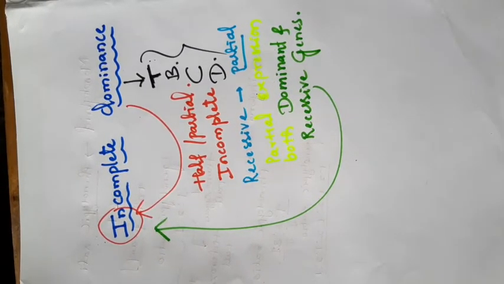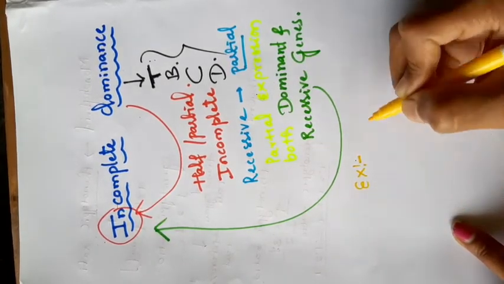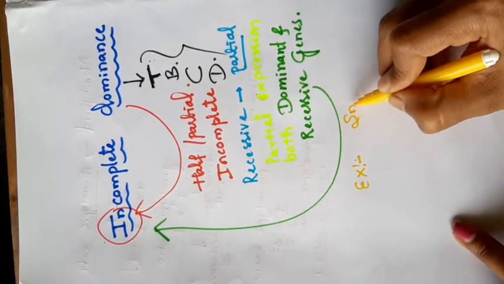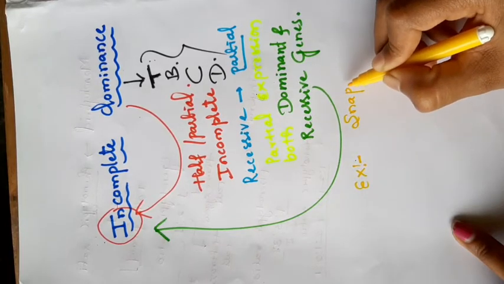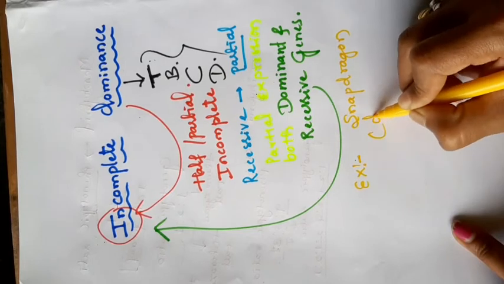He worked on the dog flower, or snapdragon plant, for incomplete dominance. An example for incomplete dominance is snapdragon flower color. Snapdragon is commonly known as dog flower.